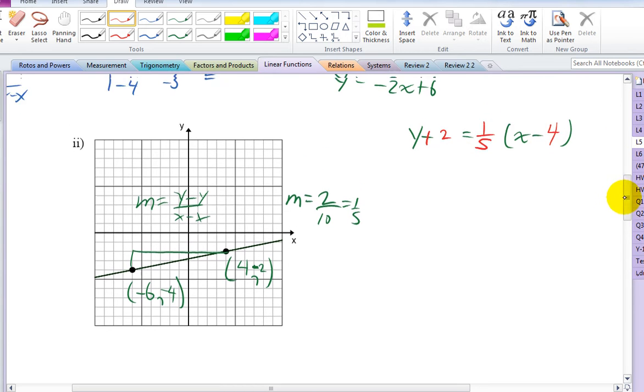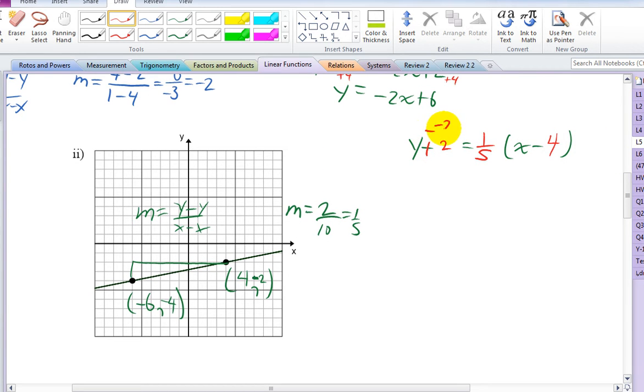Okay, so how did I get plus 2? Well, it's minus -2, and then you fix it. Okay, so that's something new for us. Multiply the fraction in to get rid of brackets. One-fifth x minus what?